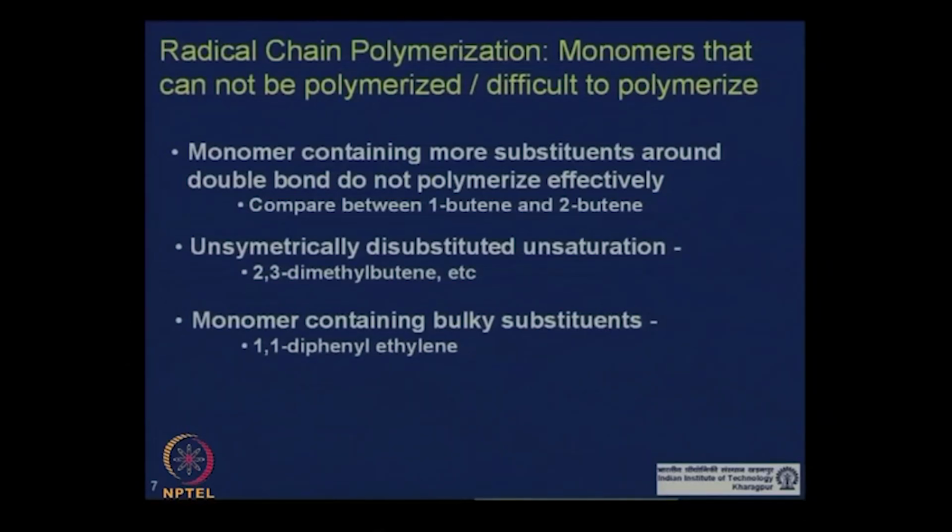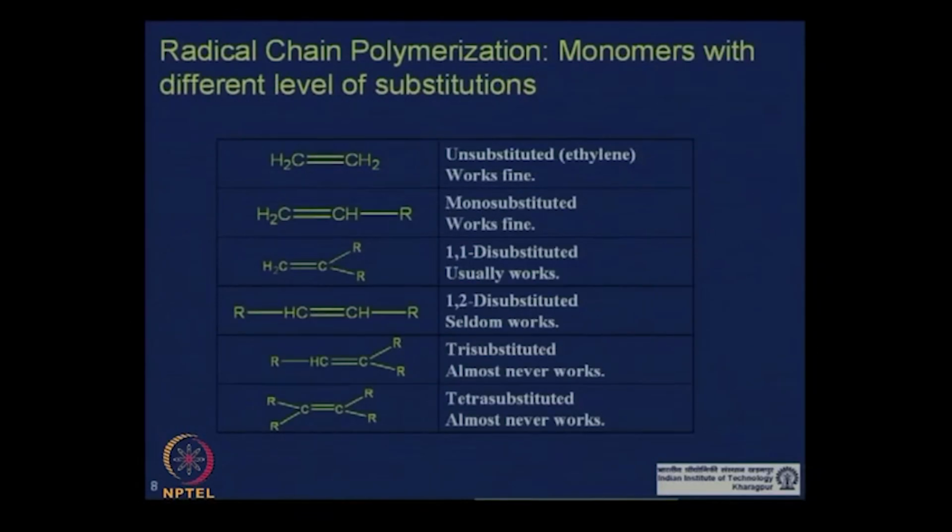So, if I want to summarize just the plain structure instead of substitutions: if you have no substitution, it works fine in radical polymerization. If you have mono substitution, it works fine, except the case where it is CH3, for propylene. We will come back to why it is so. And if you have disubstitution on a single carbon, unless the groups are bulky, it usually works.